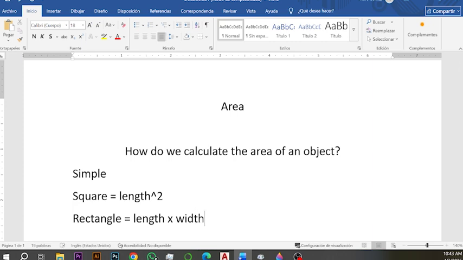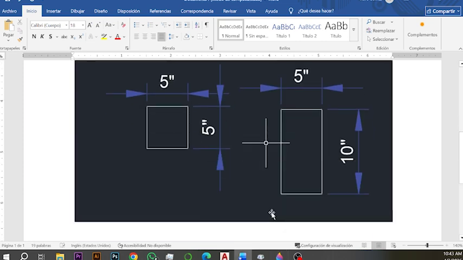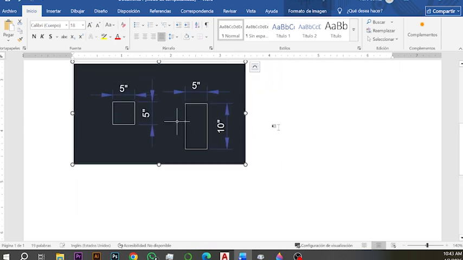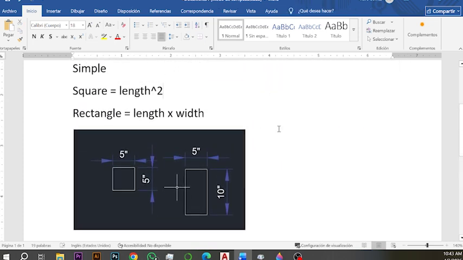So having said that, I'm going to bring in two examples, very simple, in order to get things started. So we have these two shapes. One is a square, one is a rectangle. Going into our example, the area of the square would be 5 inches times 5 inches, and that equals 25 inches squared.